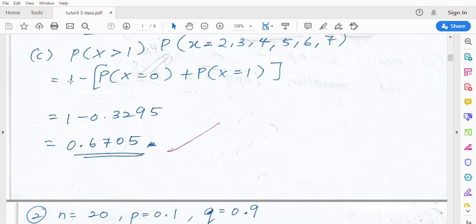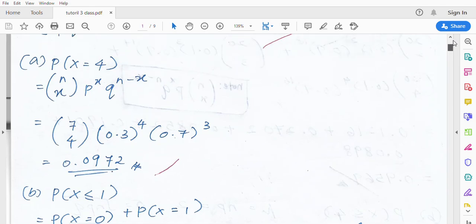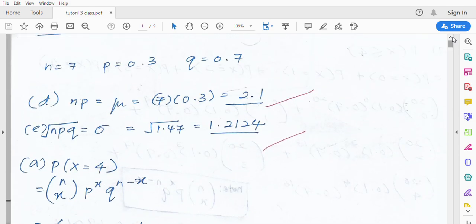To make it easier, we do 1 minus the probability of x equals 0 and also 1, because 1 minus the probability of x equals 0 and 1 gives the probability of 2 until 7. So the answer is 0.6705.